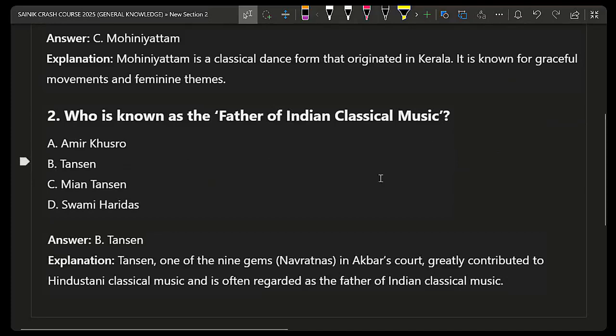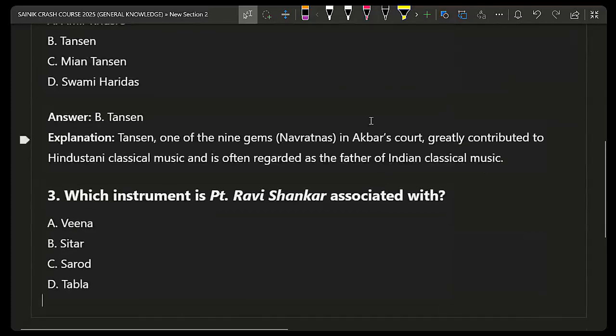You should know this, discussed in class. Which instrument is Pandit Ravi Shankar associated with? Veena, sitar, sarod, tabla.